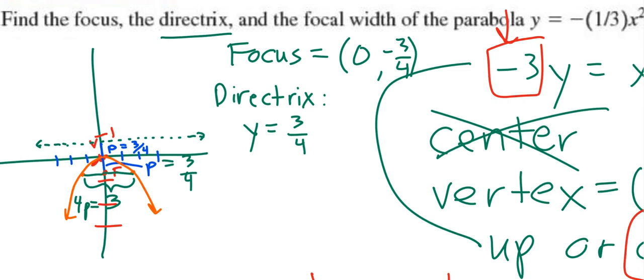Because the directrix, now remind me, is the directrix inside or outside? It is outside. So once we determined that it was opening down, I knew that the directrix had to be above. And the focus had to be below because I had to go inside.